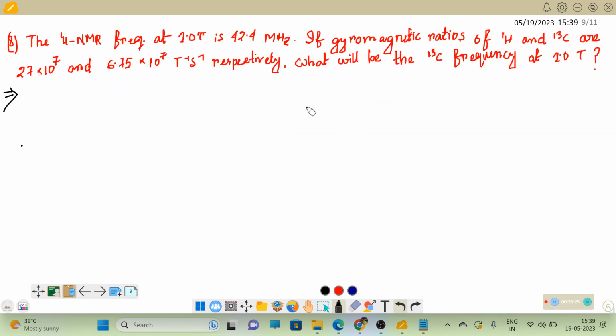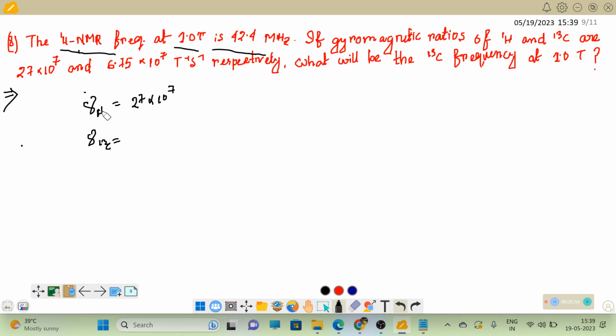So you can see here, I think you read this first question already. The 1H frequency at 1 Tesla is 42.4 megahertz, and the gyromagnetic ratio of 1H is 27 into 10 to the power 7. Gyromagnetic ratio is represented by gamma. Next is the gyromagnetic ratio of 13C.